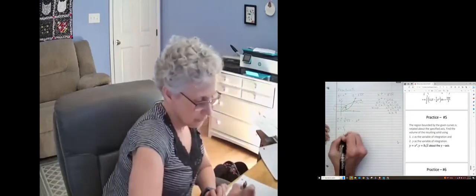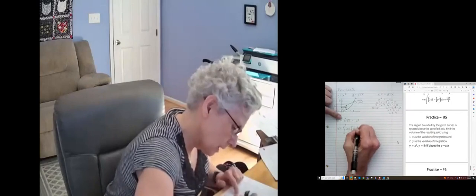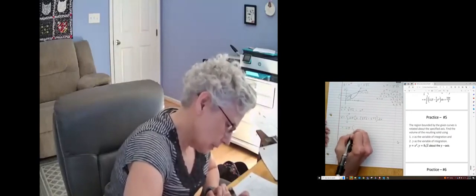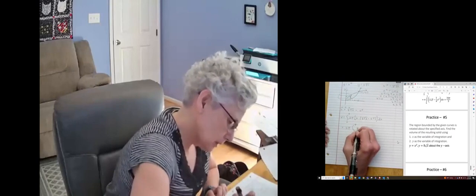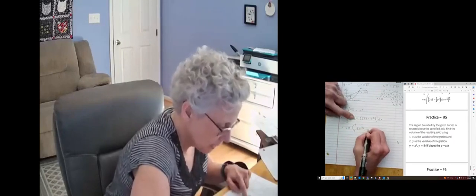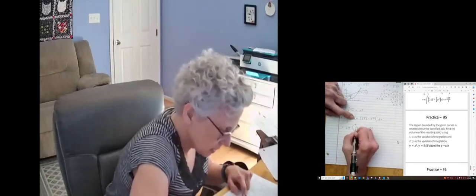So volume would be equal to, x's go from 0 to 4, 2 pi times x times 8 times the square root of x minus x squared, which is 2 pi times the integral 0 to 4, 8x to the 3/2 power minus x cubed.